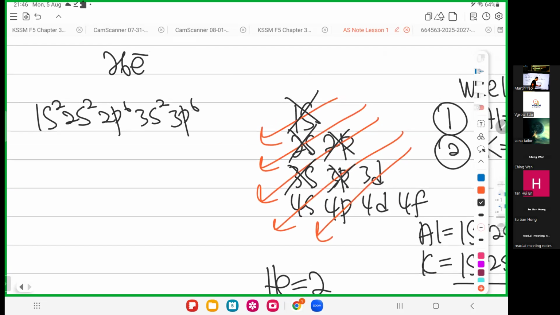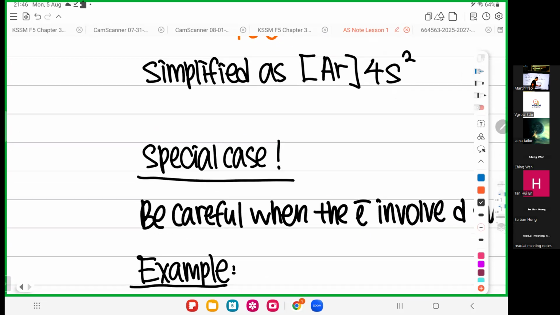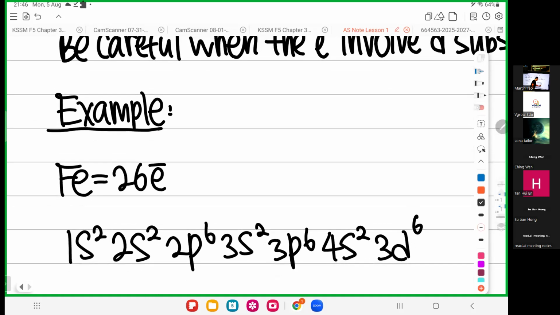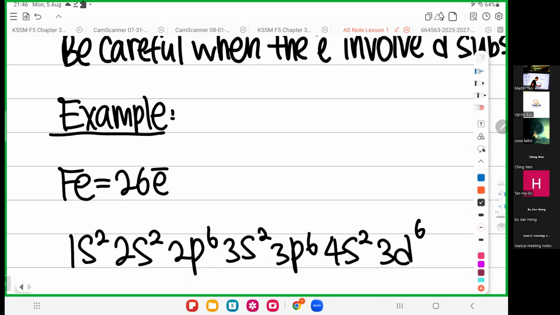After 3p, 4s2. After 4s, jump back to 3d6. Add together to 26. If you use the parallel rule, this is the answer we get.